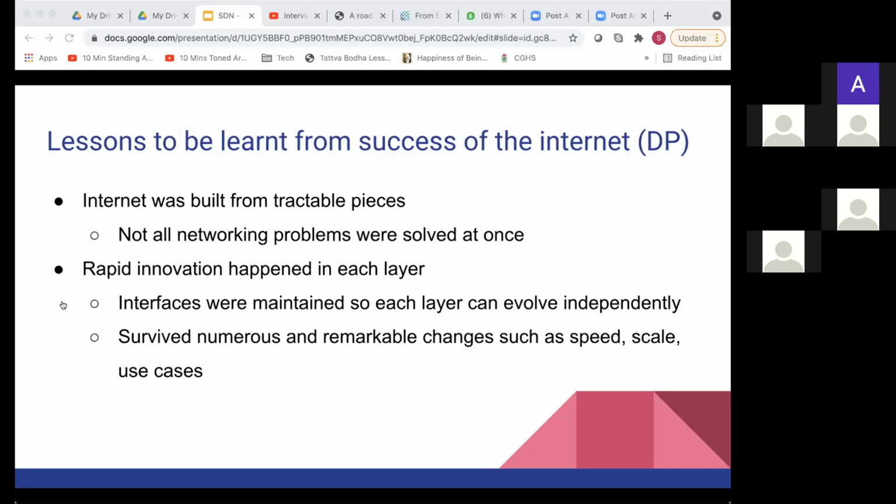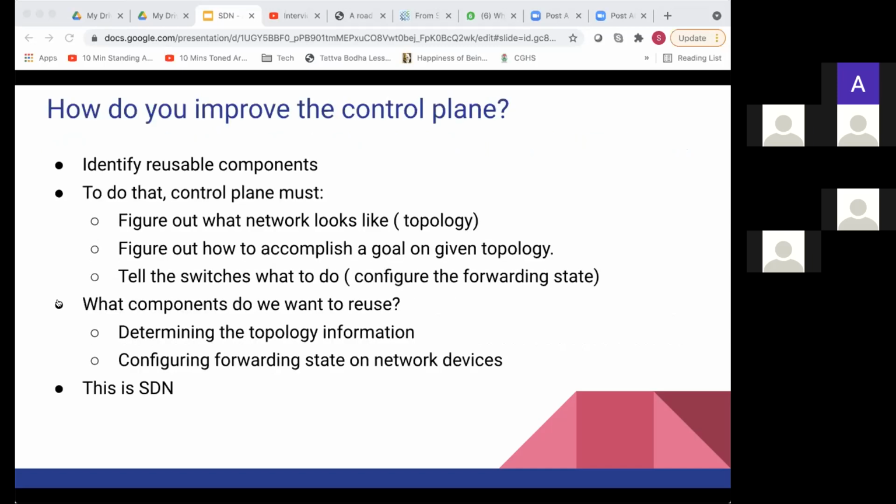So the founders of SDN basically wanted these successes to come across all layers of managing the network, which is the control plane, basically. Given that we know how the data plane worked, we need to figure out how we can improve the control plane.